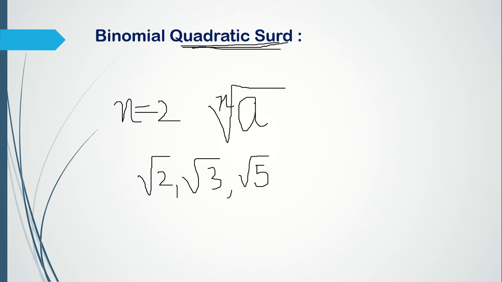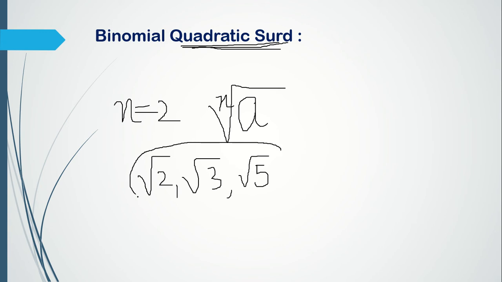They have to be surds first of all. So these are quadratic surds because here n is 2. Whenever n is 2, we don't write it. It is assumed. If it was cube root, we write 3. If it was fourth root, we write 4. But when it is a square root, we don't write anything there in the radical sign. Now these are the quadratic surds.